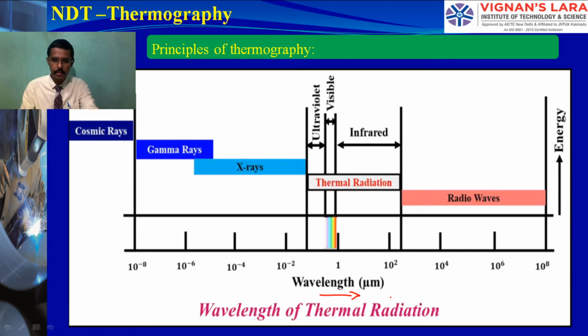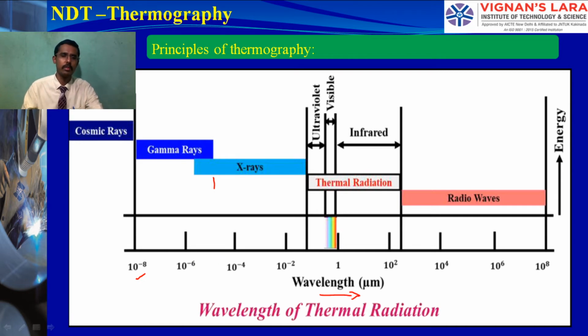In the x-axis I have taken the wavelength in micrometers, and in the y-axis various factors like gamma rays, X-rays, radio waves, with their intensity and energy. The y-axis is the sum of energy, how much it is. In the x-axis, in the range of 10 to the power of minus 8 micrometer, the gamma rays are there to some extent, overlapping the X-rays up to 10 to the power of minus 5.